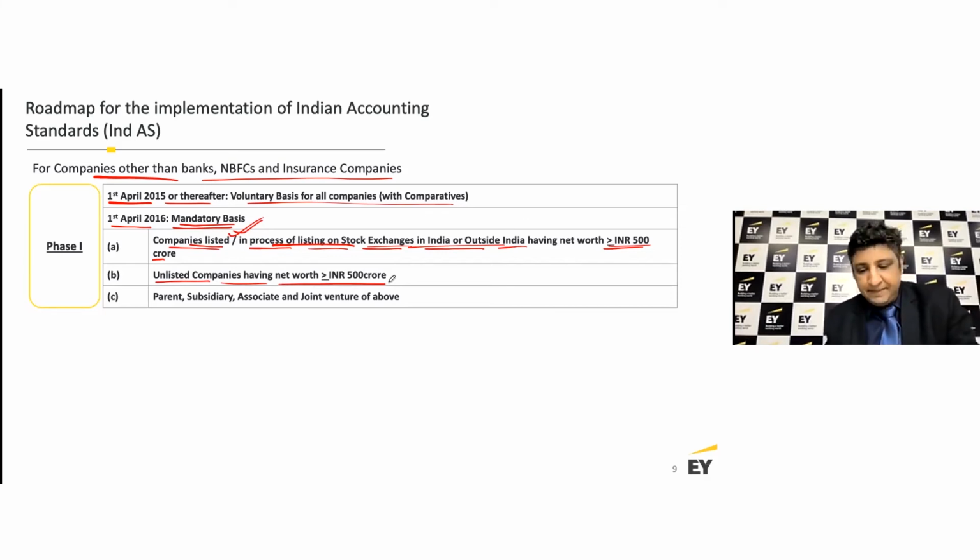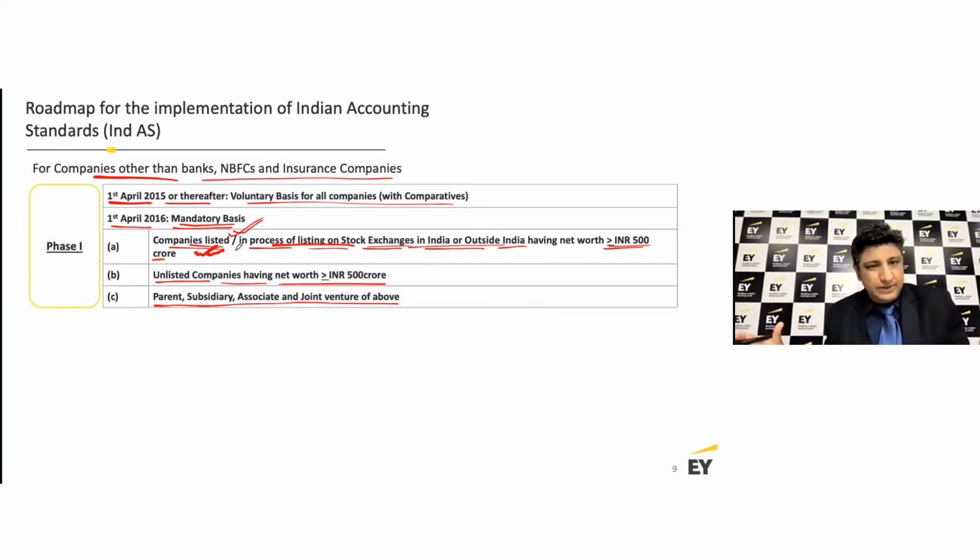And then the umbrella of coverage was bigger, where it included the group entities of both A and B. So if you're a listed company and you have a subsidiary, joint venture, or an associate, they would also be required to apply Ind AS from a consolidation perspective.